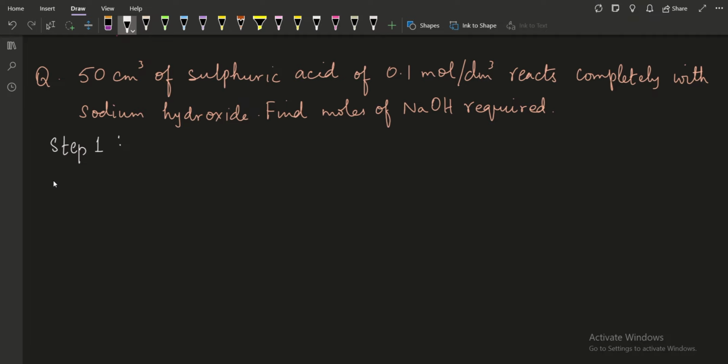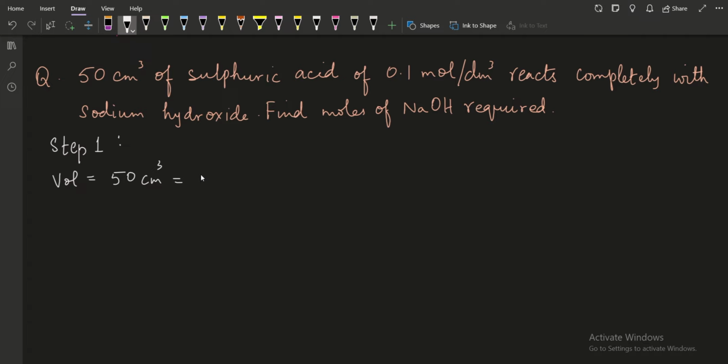We are given the volume of sulfuric acid, which is 50 cubic centimeter, but we have to change it into cubic decimeter because the concentration is in moles per cubic decimeter.